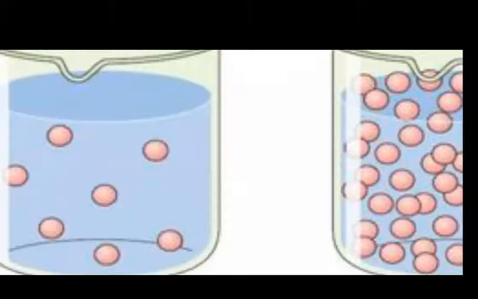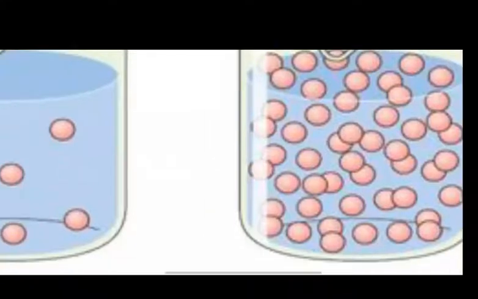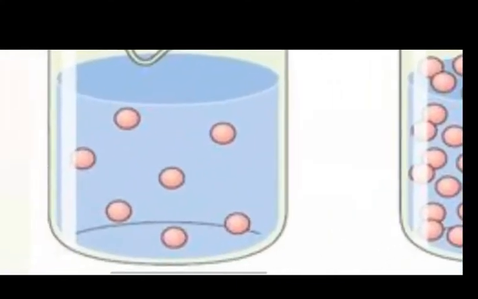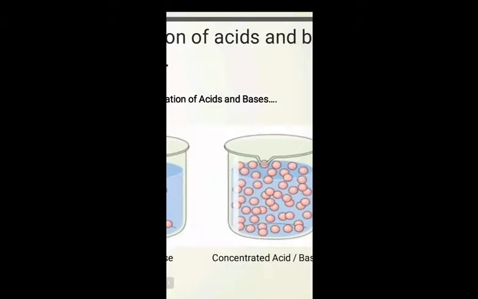Alkali which consists of more particles of alkali is known as concentrated alkali. This diagram we can use for both. Alkali which consists of fewer particles of alkali is dilute alkali. Understood all of you this much? Okay, then let me know.